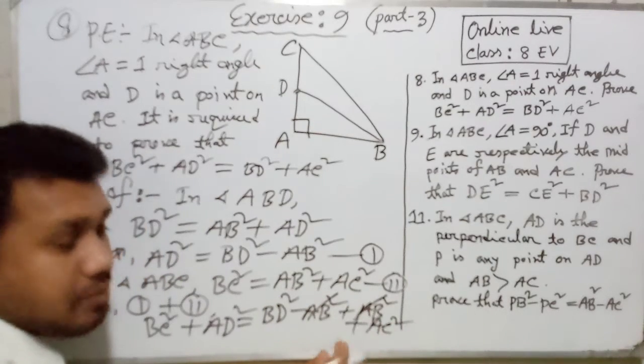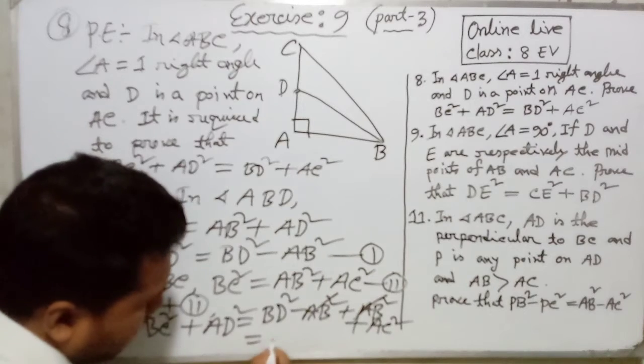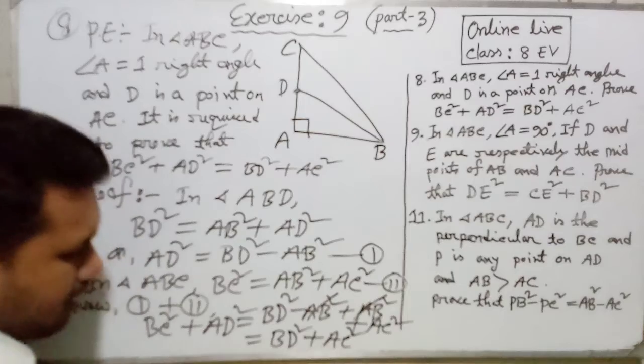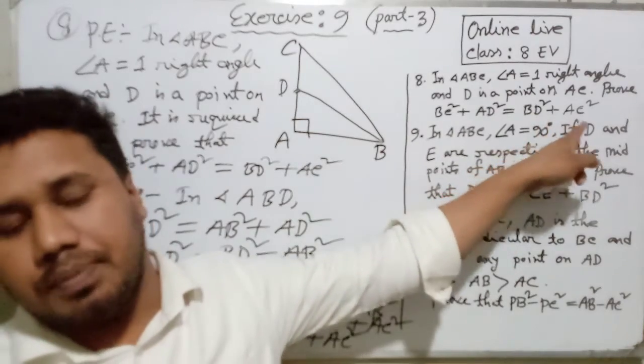Now AB square and AB square cancel out, so it will be BD square plus AC square. So this is our proof part.